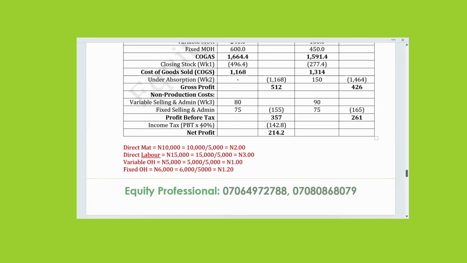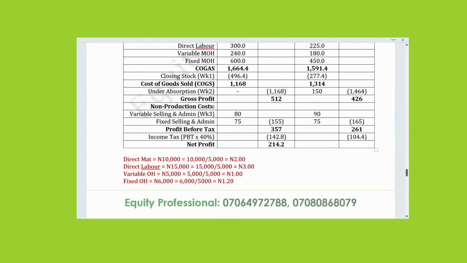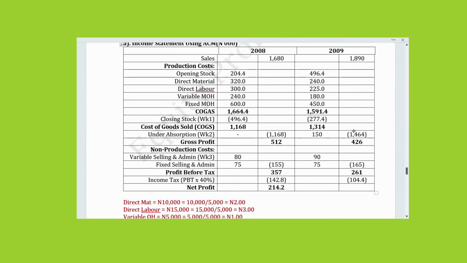261 multiplied by 40% tax is 104.4. So what's the difference? 156.6.